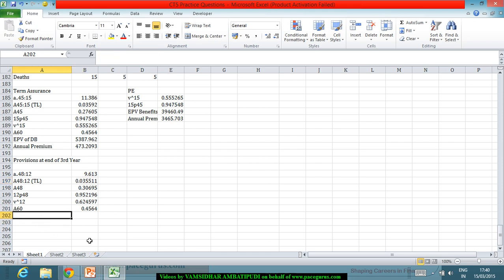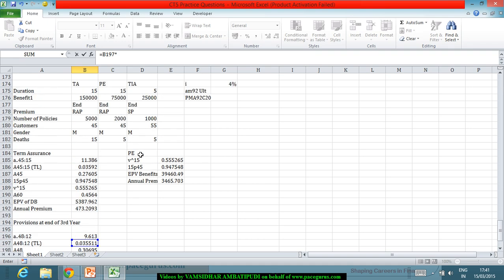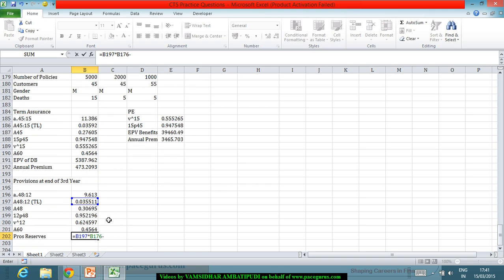So from here I can find out the prospective reserves at the end of the third year, which is nothing but the expected present value of the benefit, this number times the death benefit, which we talked about, 150,000, minus the premium, which is 473 times the expected present value of the same.